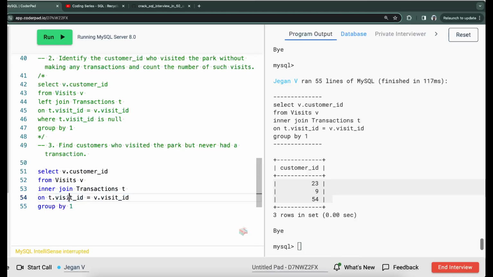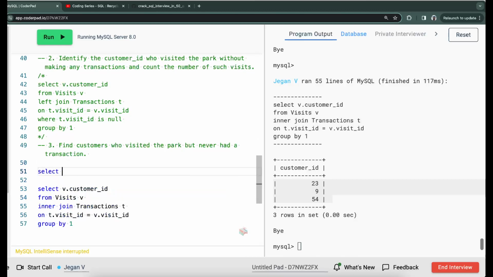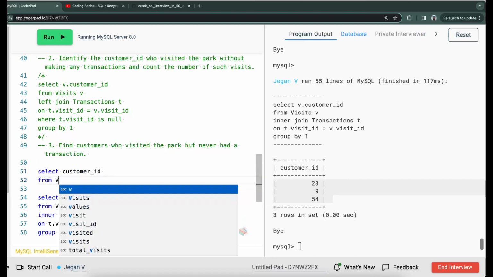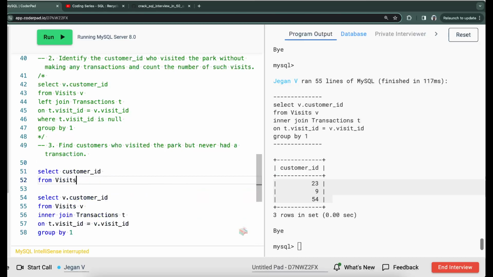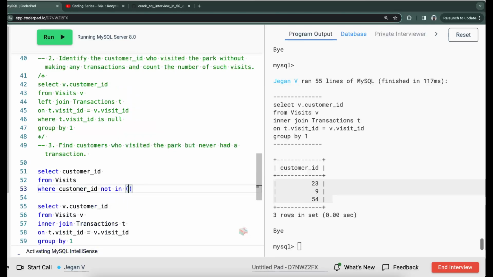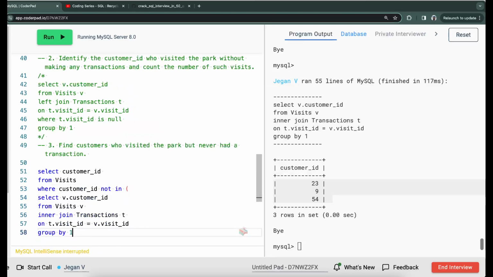This SQL will get you all the customers who have at least one transaction. We use that as a reference and then we say select customer ID from visits where customer ID not in this part.